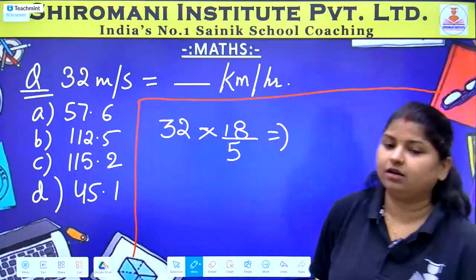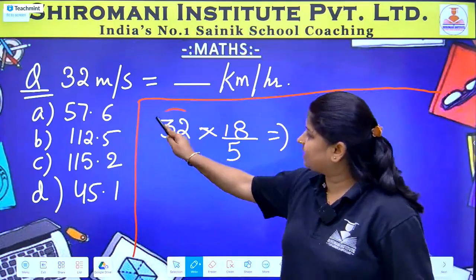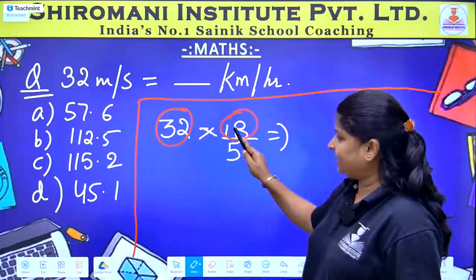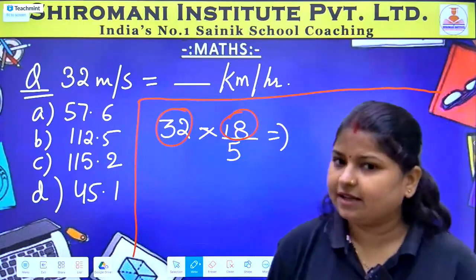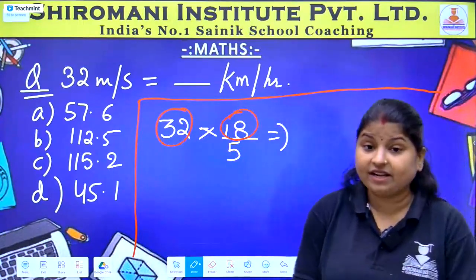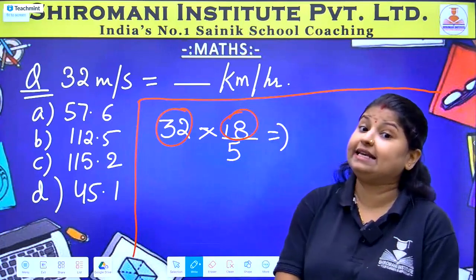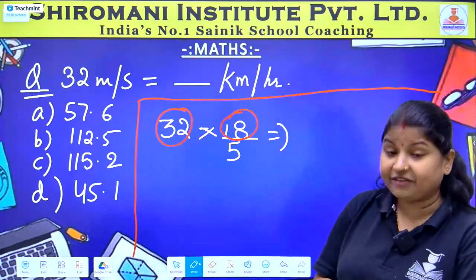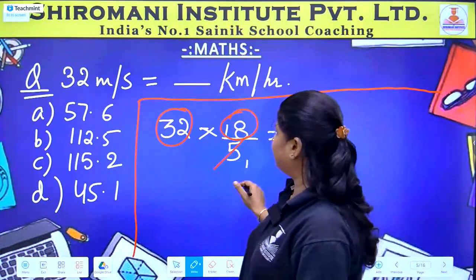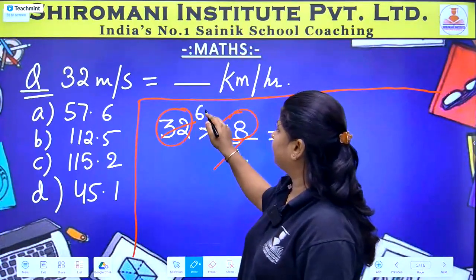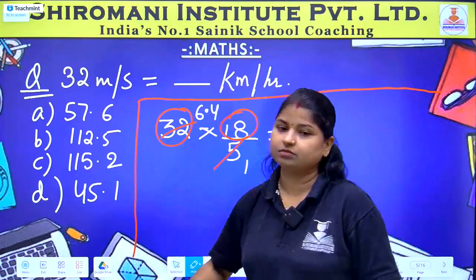So either you multiply 32 into 18 and then divide it by 5, or, what I feel is that I can divide 32 by 5 easily. If I divide 32 by 5, I will get 6.4.